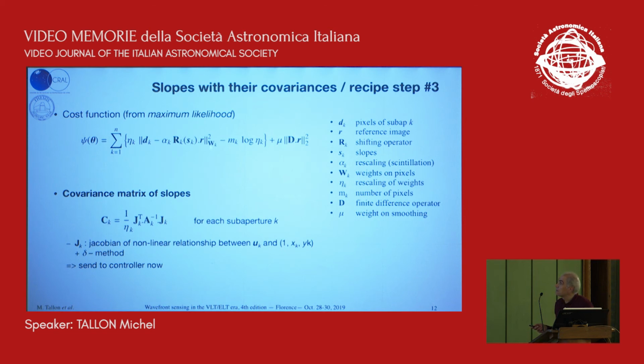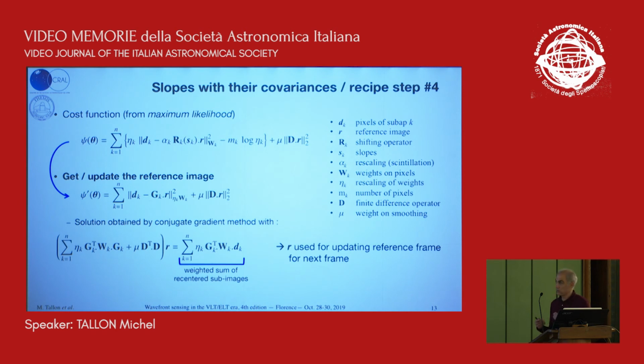But now we also need this reference image, with the same cost function. We want to get this reference image. So how it is done is, once you have determined everything before, you can write this cost function as a linear function: a shift of the reference image to fit the subapertures, the subimages, with a regularization.